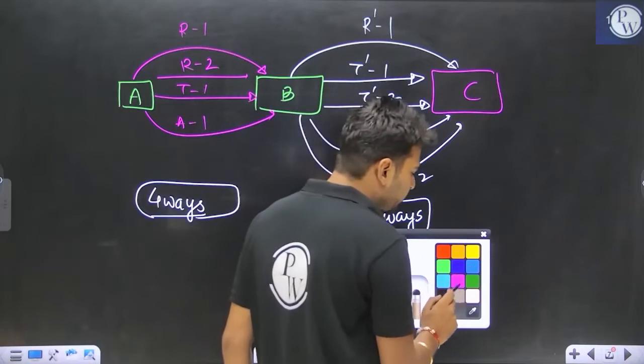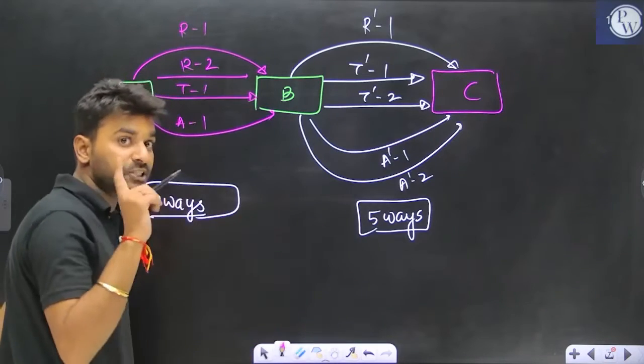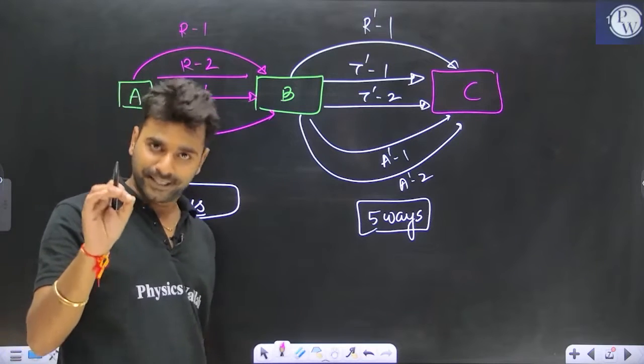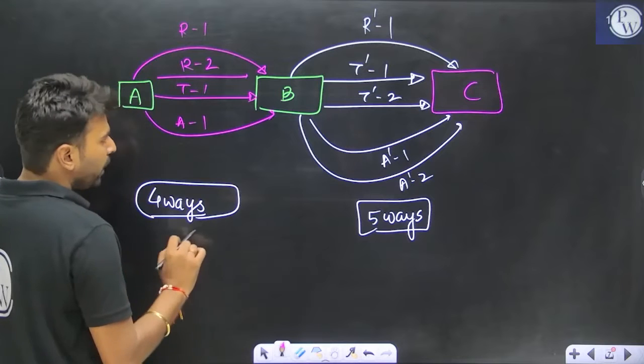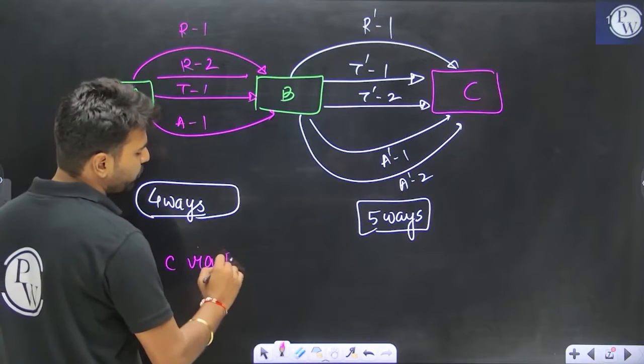Now, if I ask you one problem over here, understand the question. Permutations and combinations is more about English. So understand the English, what am I telling you over here. If you have to move from A to C via B, in how many ways can you do that?